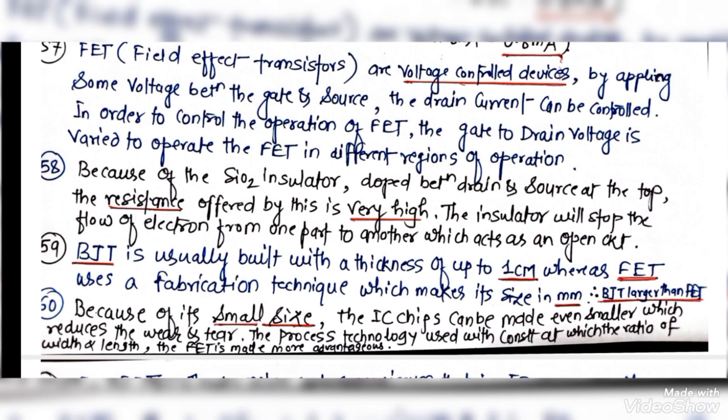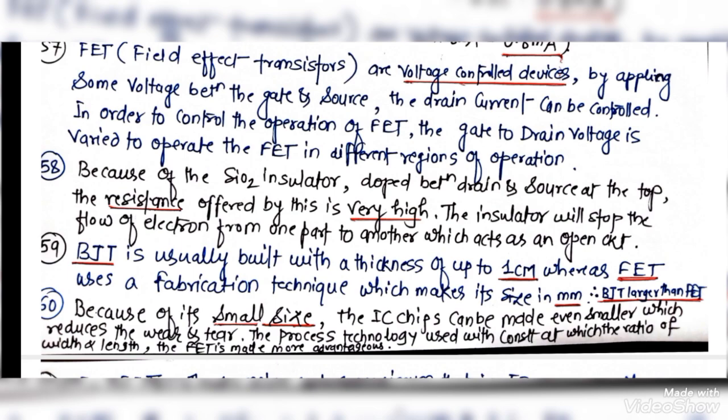Because of the silicon dioxide insulator between drain and source at the top, the resistance offered by this is very high. The insulator will stop the flow of electrons from one part to another, which acts as an open circuit.